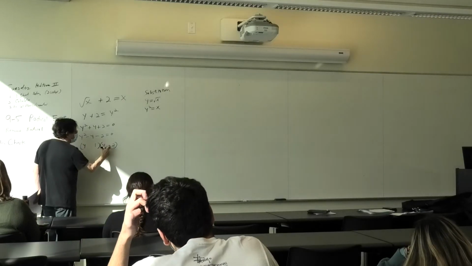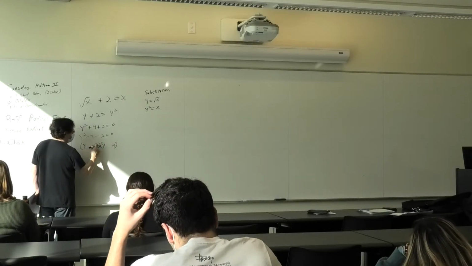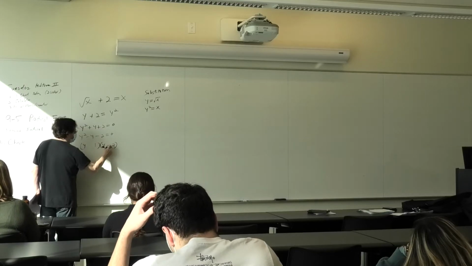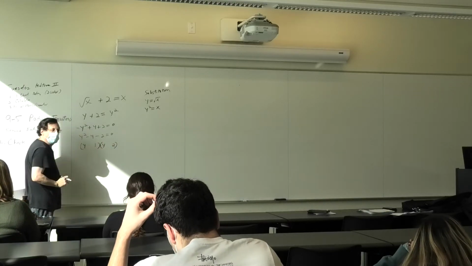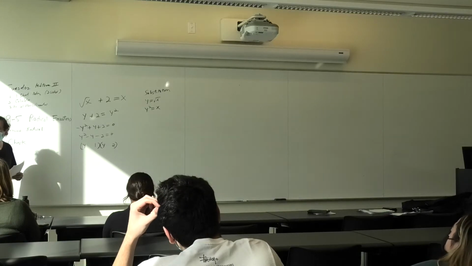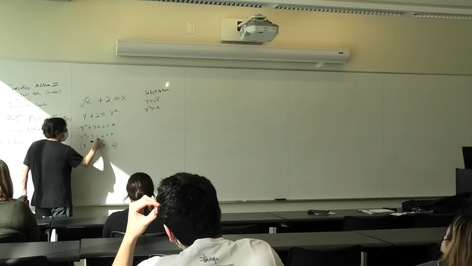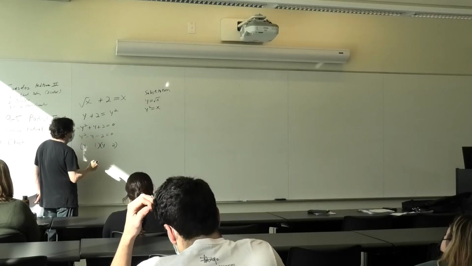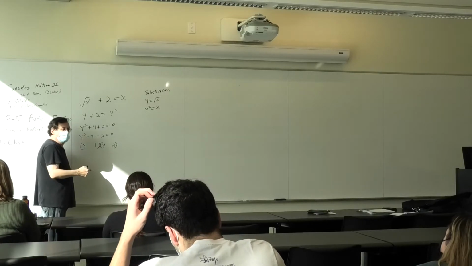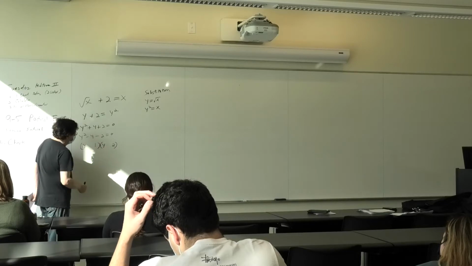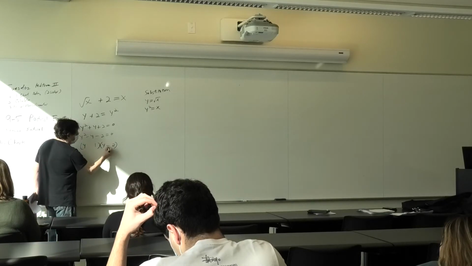So I'm looking at this. Can you tell me what the signs that go here and here are? Plus and minus. Definitely plus and minus, because this is minus. I guess the question is, where does the minus go? In front of the 2 or in front of the 1? In front of the 2. In front of the 2, yeah.